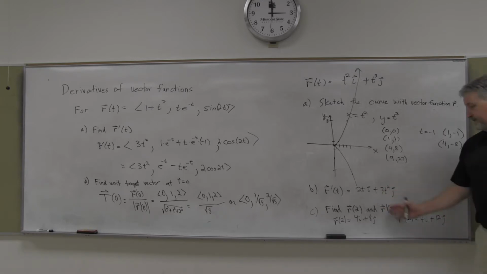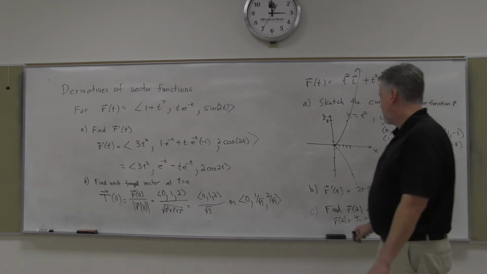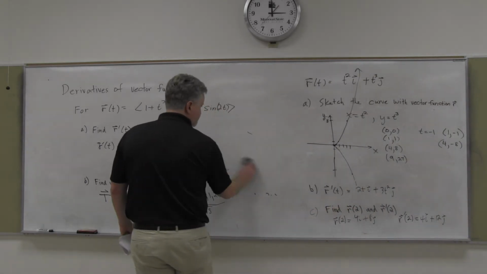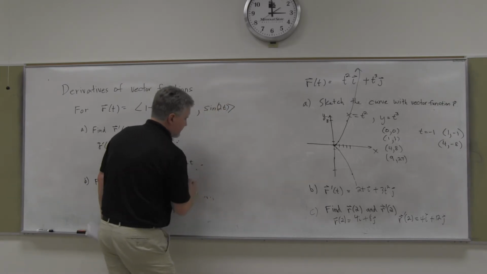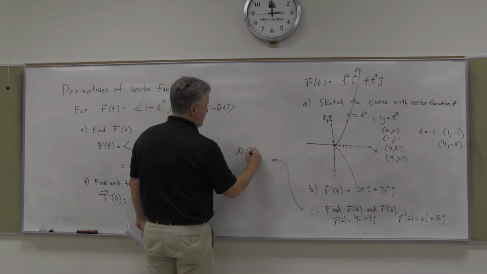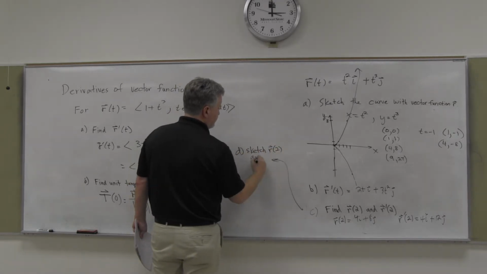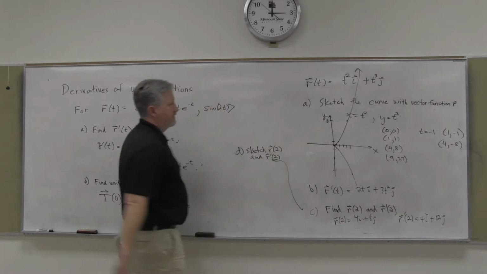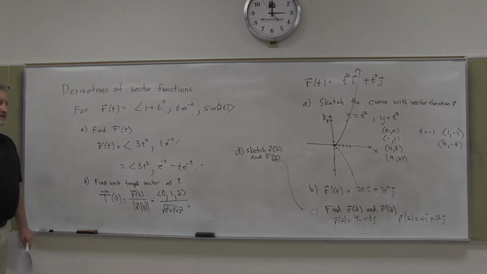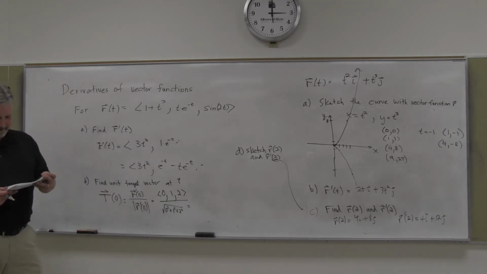All right, so those two things are just vectors. And the other part wants us to sketch r of 2 and r prime of 2 on this same thing here. It's fairly easy, especially if I pick a point you've already graphed.